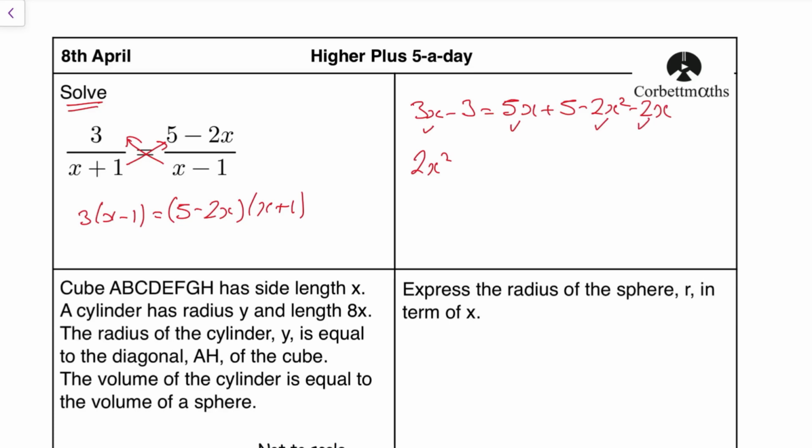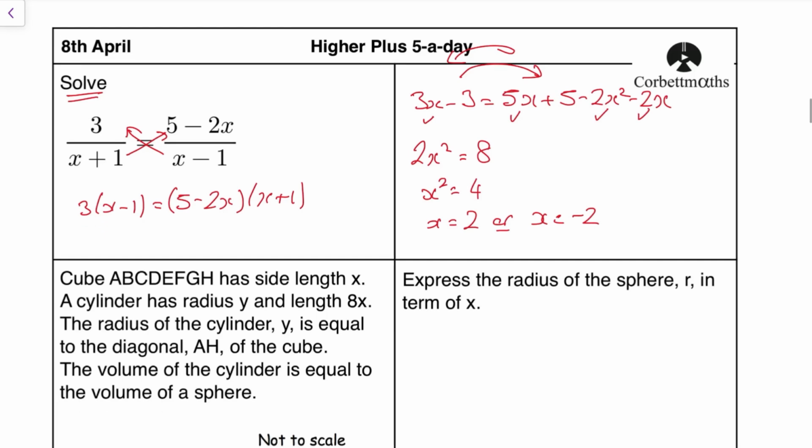So that's no x's, and minus 3. I should tell you what I'm going to do, I'm going to move the numbers over here and the x squareds this way. So add 3 to both sides gives me 8, which means that x squared is equal to 4, which means that x is equal to 2, or x is equal to minus 2. Yeah, happy with that. Okay, now in an exam, put the numbers back in, check they work, but I'm happy with that.